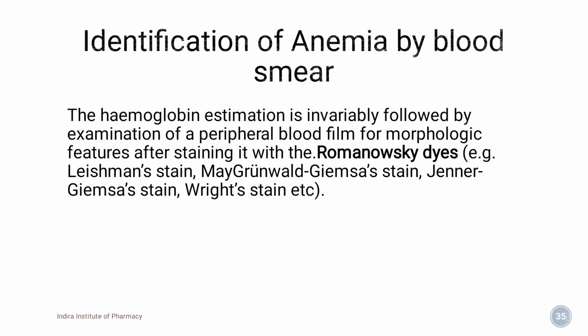That is, the hemoglobin estimation is invariably followed by examination of the peripheral blood film for morphological features after staining with a Romanowsky dye, which mostly uses a Leishman stain. There are some other stains also, but the most commonly used stain is Leishman stain. So we'll see now how it is done.